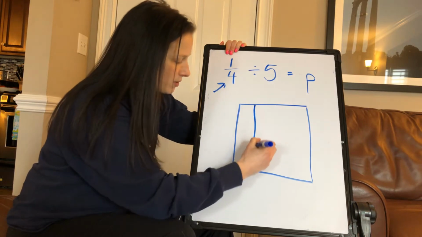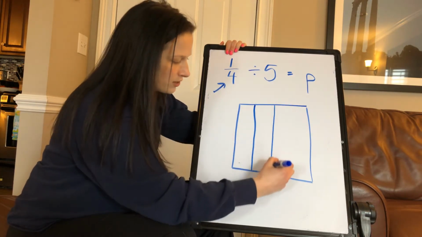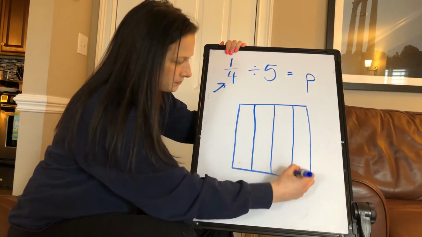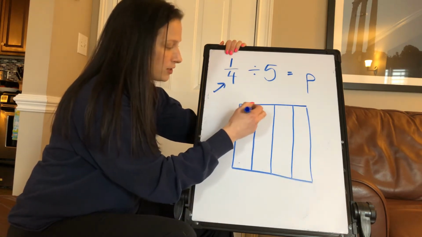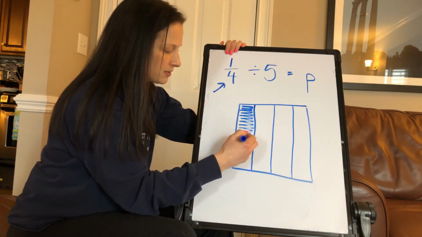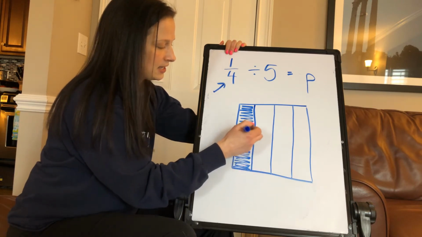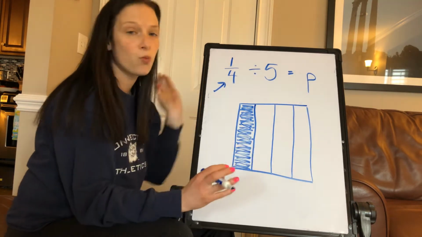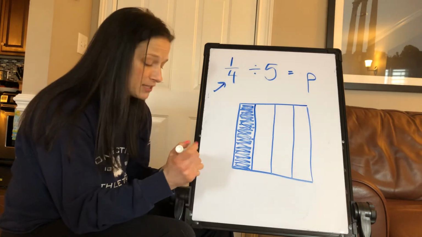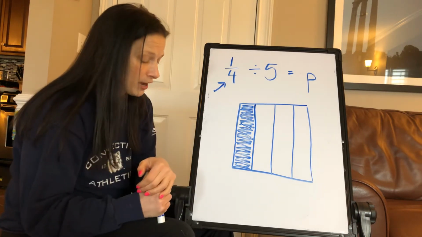The way we always represent. We are going to split it into 4ths. Okay, so I'm going to represent what pizza, my mouth is watering, oh my gosh, what pizza is left in your refrigerator. So there is 1/4 of the pizza left in the refrigerator, okay?